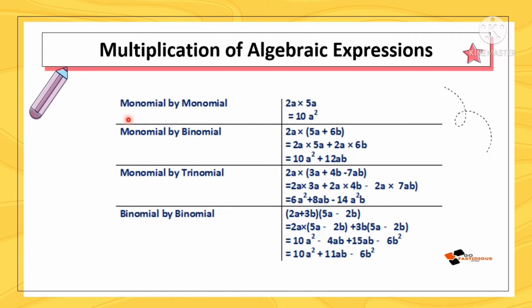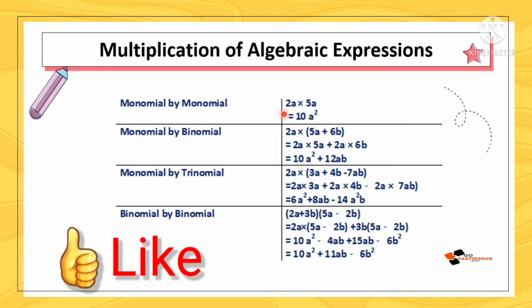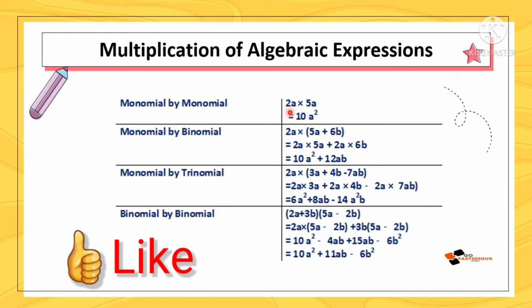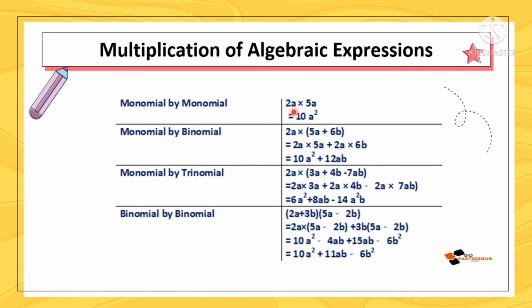First we will multiply monomial by monomial. Monomial, we know, contains only a single term or one term. Suppose 2a has to be multiplied by 5a. Both 2a and 5a are monomials, containing only a single term.